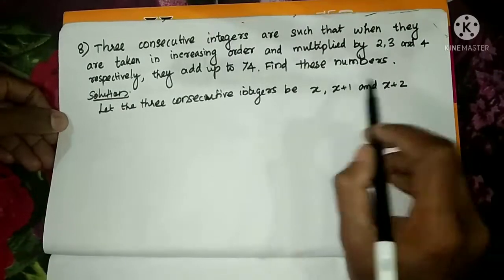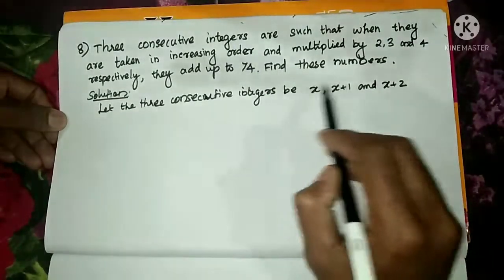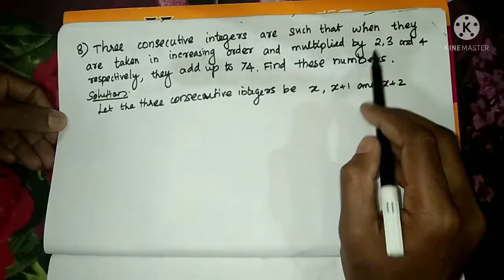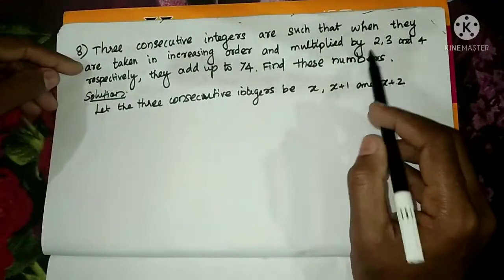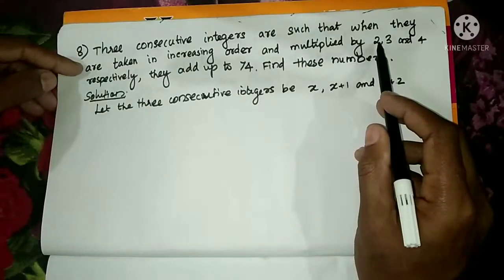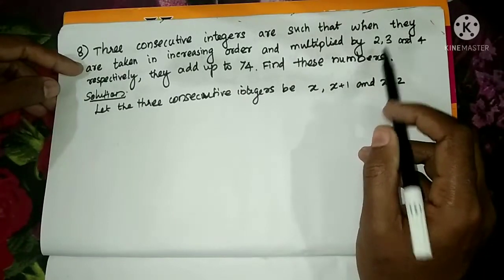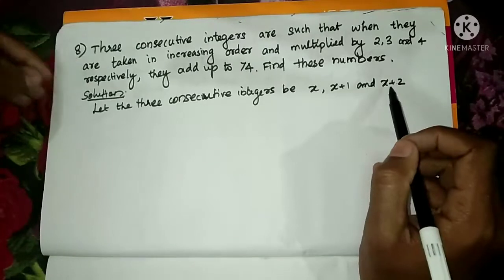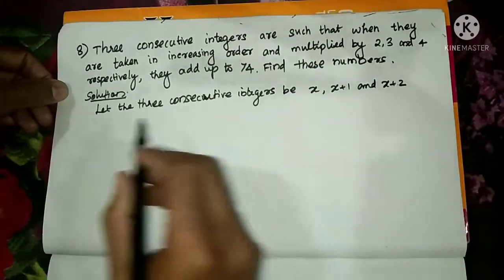The question says they have to be taken in increasing order and multiplied by 2, 3, 4 respectively, which means x is multiplied by 2, x plus 1 is multiplied by 3, x plus 2 is multiplied by 4.